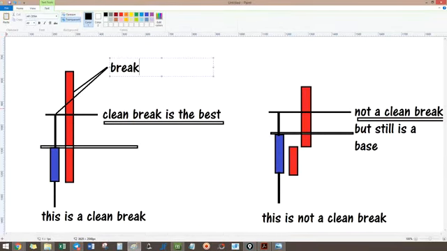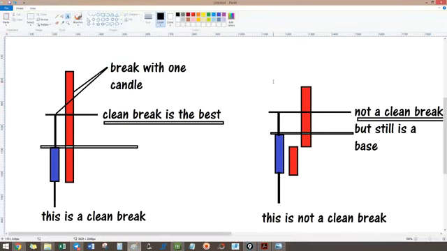Break with one candle is a clean break. This one got broken by one and a two.